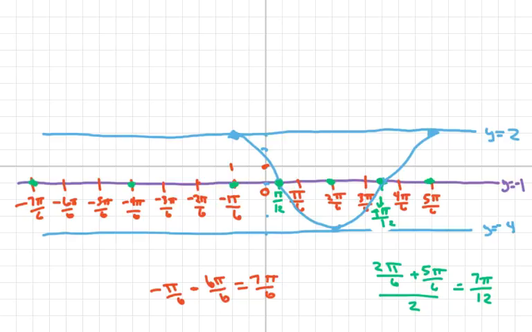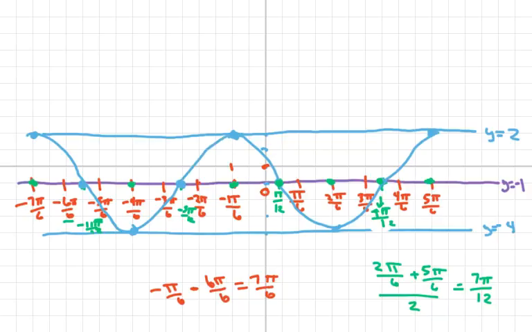And the other two midpoints are going to occur right here and right here. If you add these two up and divide by 2, you're going to get negative 11 pi over 12. And this one's going to be negative 5 pi over 12. And then I just draw the points here and draw the curve. So we go to here, down to here, back here, and up to here. And draw your second wave.